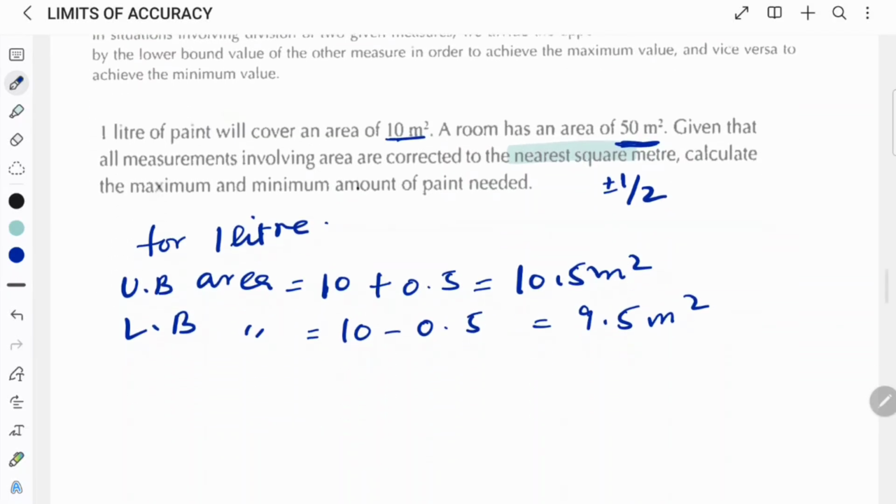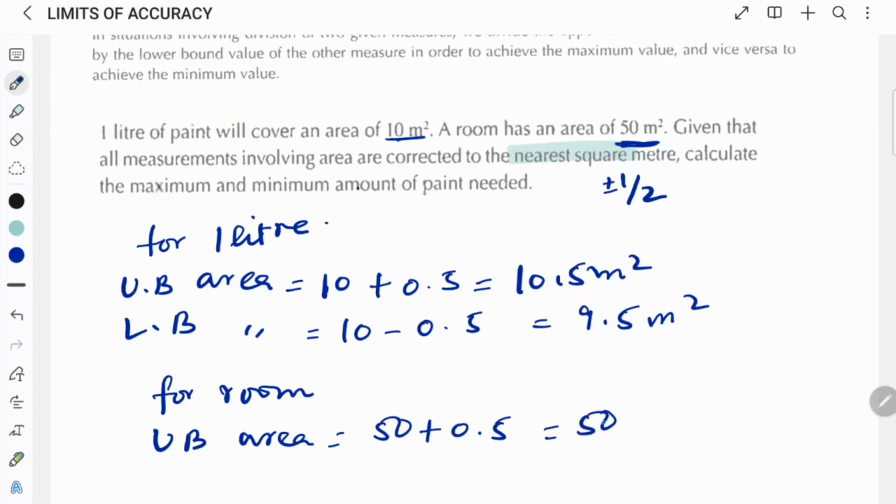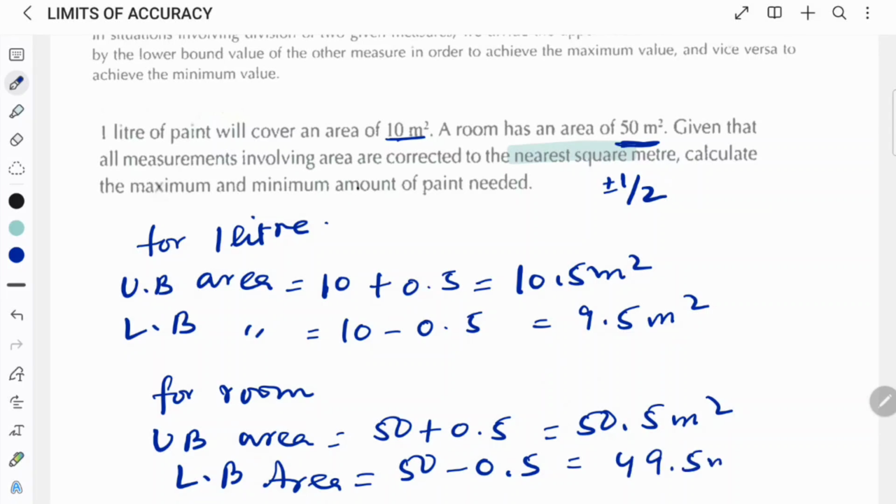And for the room, the upper bound area is 50 plus 0.5, which equals 50.5 meters square, and the lower bound area is 50 minus 0.5, which equals 49.5 meters square.